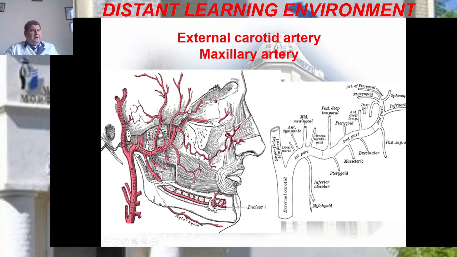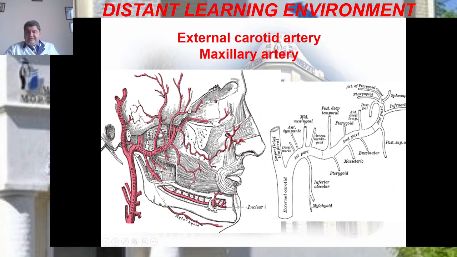Next, the sphenopalatine artery, which passes through the sphenopalatine foramen, and it gives branches for the lateral wall of the nasal cavity. These arteries are named lateral posterior, superior and inferior nasal branches for blood supply of the lateral wall of the nasal cavity.